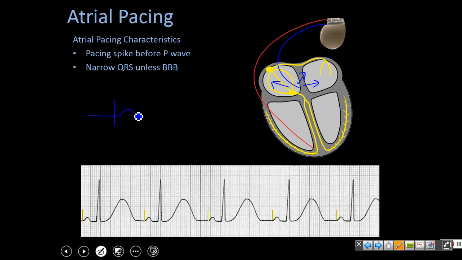And as it depolarizes the atria, it causes this P wave, and then that electrical impulse travels down through the AV node, down through the bundle branches simultaneously, and produces a narrow QRS complex, unless, of course, the patient already has a bundle branch block. In the example below, you can see there's a pacing spike before each P wave and a relatively narrow QRS.